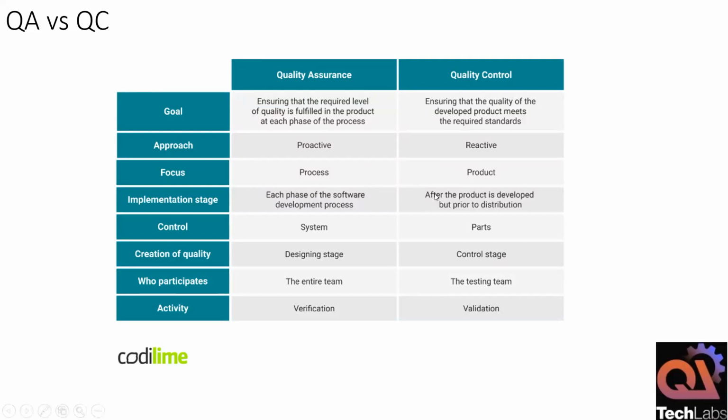After the product is developed, but prior to distribution. Learn this sentence by heart. Control parts: individually you will check and later you will check everything together. The testing team does validation. Okay, clear?